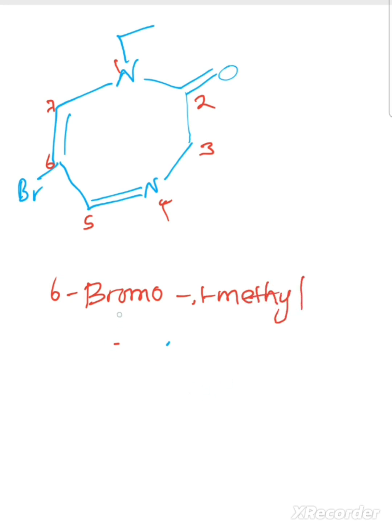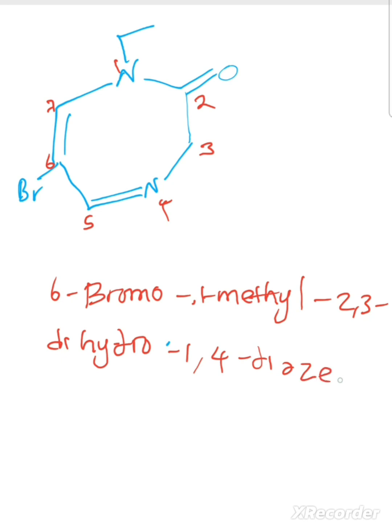Then you're going to say on position 2, 3 you have dihydro, because it has been replaced by hydrogens. Dihydro like this. Then 1,4, because the nitrogens are on position 1 and 4, so it will be diazepine.